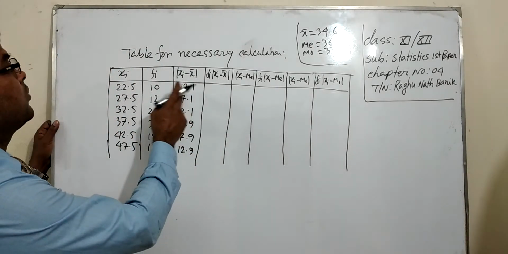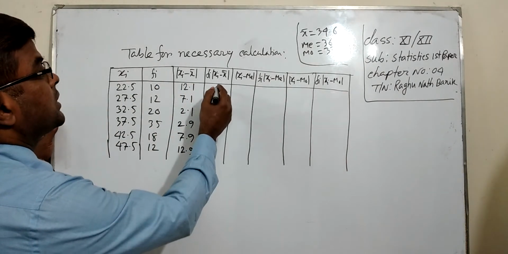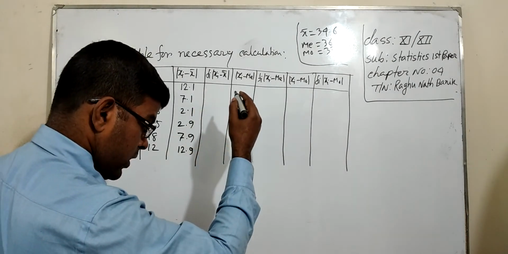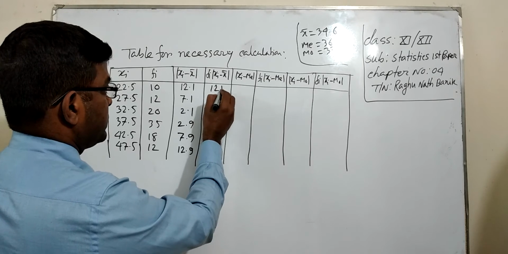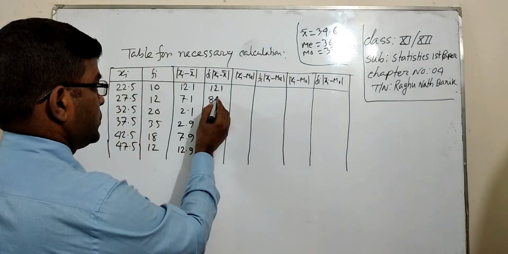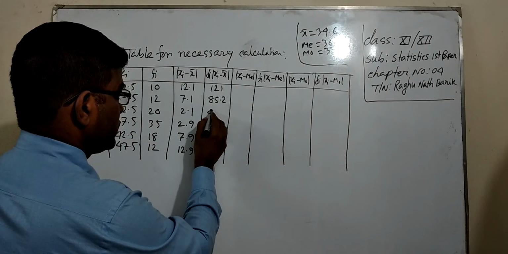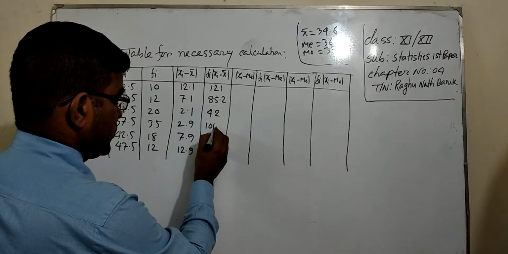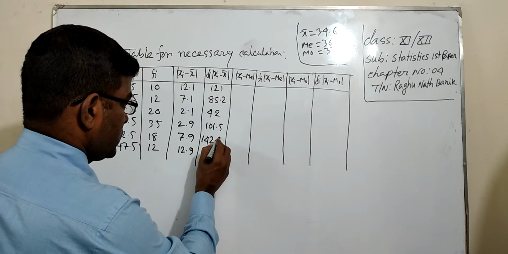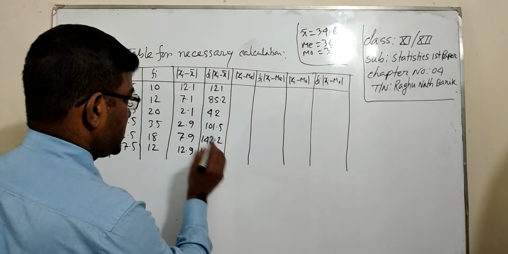Now multiply Fi into modulus of Xi minus x bar. The values are 121, 85.2, 42, 101.5, 142.2, and 154.8.